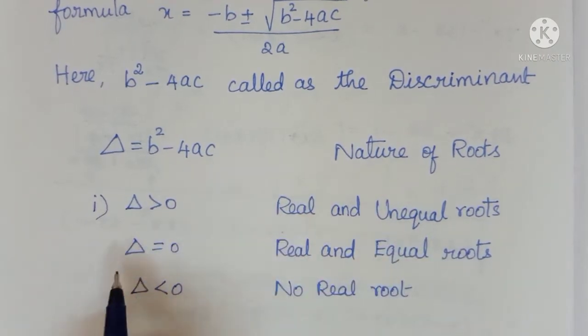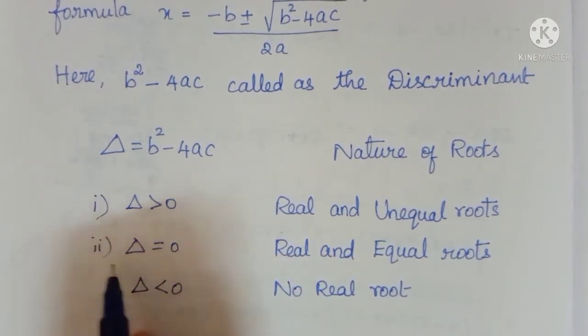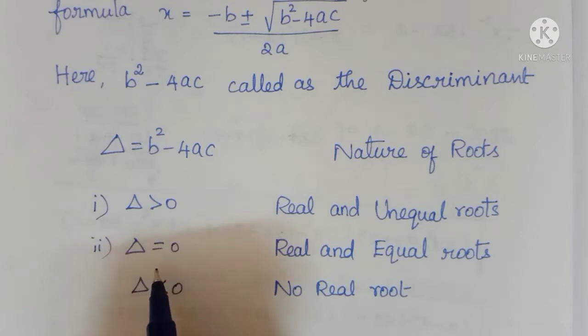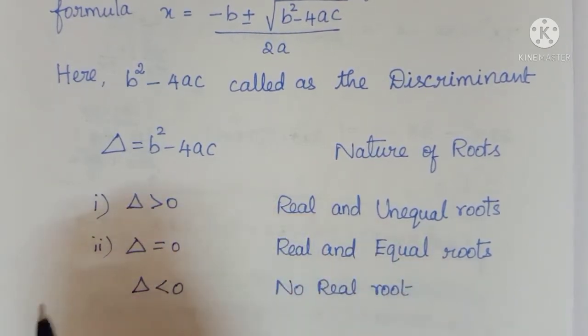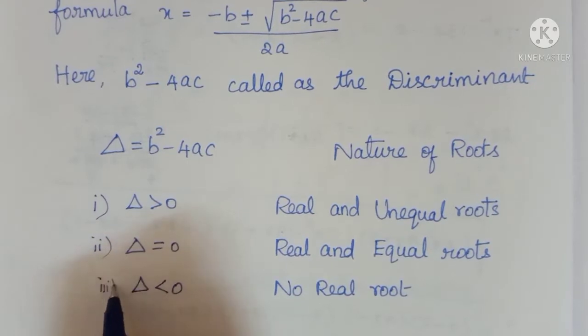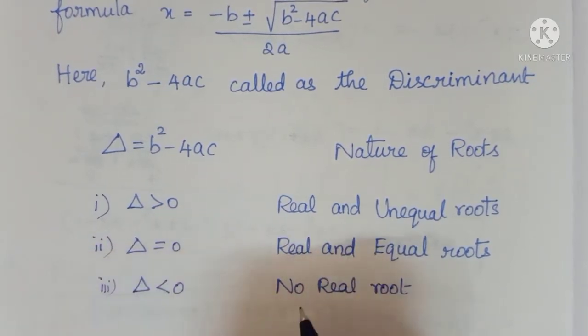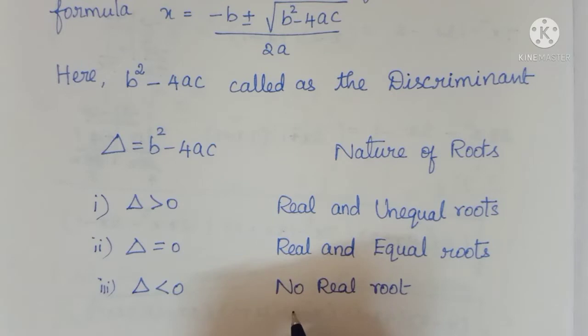Suppose the discriminant delta is equal to 0, then the roots are real and equal. Third, if the discriminant delta is less than 0, then there are no real roots. These three conditions are what we are going to check for our problem.